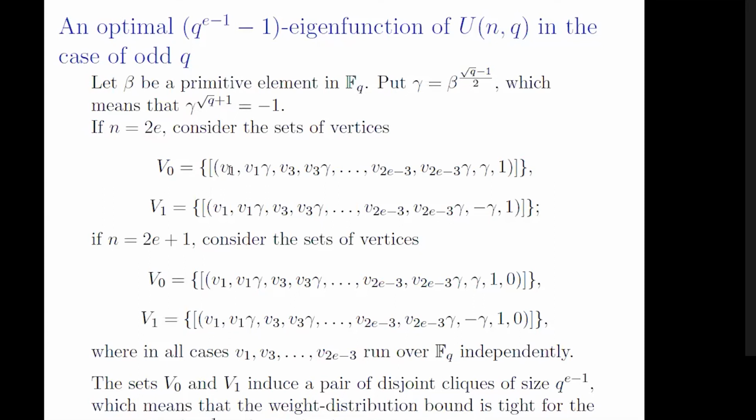Let V be the set of all one-dimensional subspaces given by the vectors, and we repeat coordinates in some sense. So we take v1 and v1 gamma, v3 gamma, and so on. But the last two coordinates are gamma and 1. So we have three braces, which mean that we first take a vector, then we take the one-dimensional subspace given by this vector, and then we consider the set of all such one-dimensional subspaces.